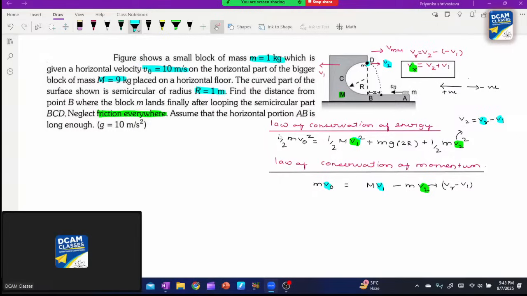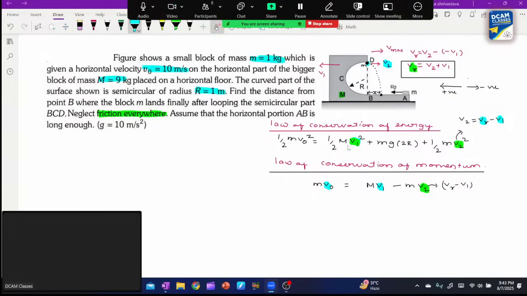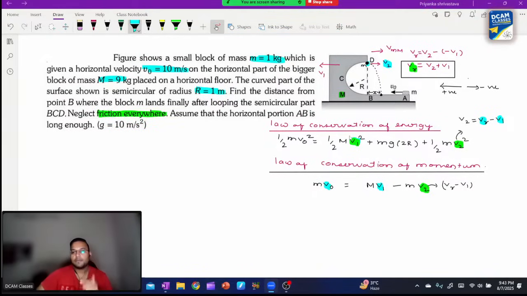So if a problem arises and you are not able to solve the question, just remember this. Apply the law of conservation of energy, frame one equation, and see if you are getting the answer. Otherwise, use the law of conservation of momentum.